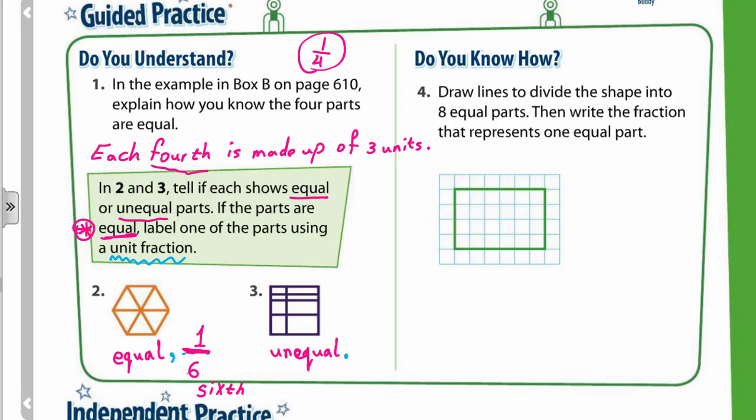In the next one, draw lines to divide the shape into 8 equal parts. Then write the fraction that represents one equal part. Okay, let's try to do this. My heroes, focus.